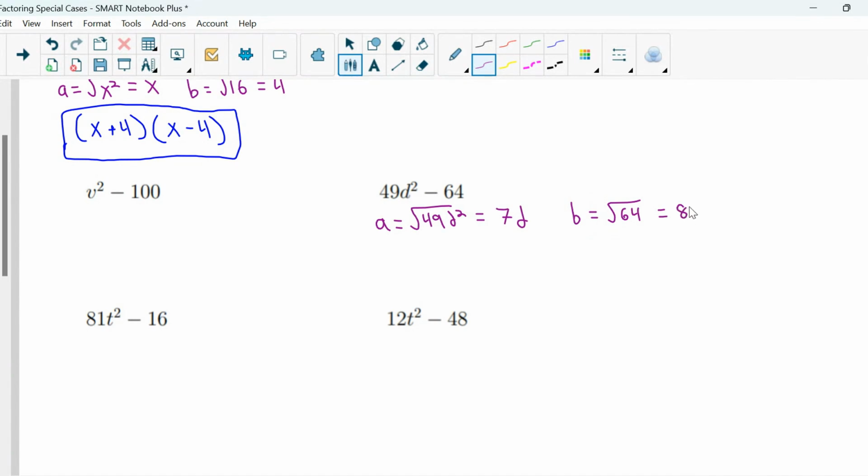The square root of 64 is just 8. So once again, I'm going to use my formula. So I've got a, which is 7d, plus b, which is 8, times a, which is 7d, minus b, which is 8.